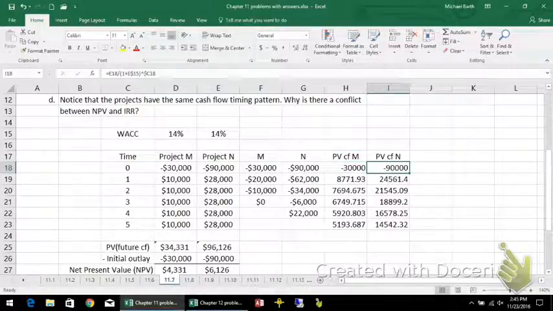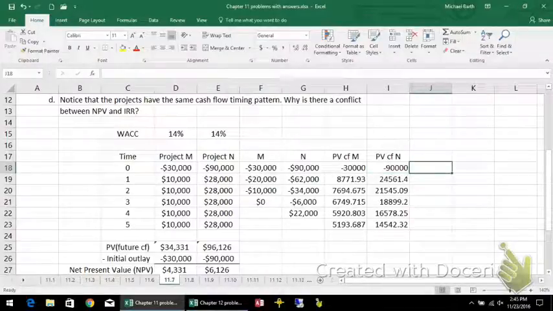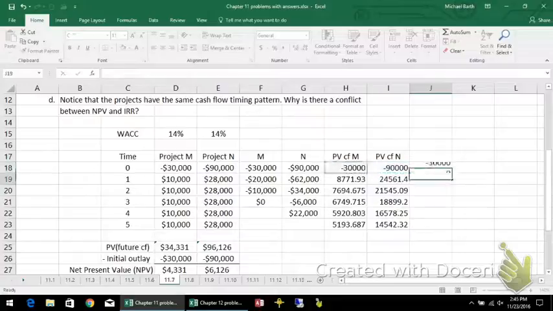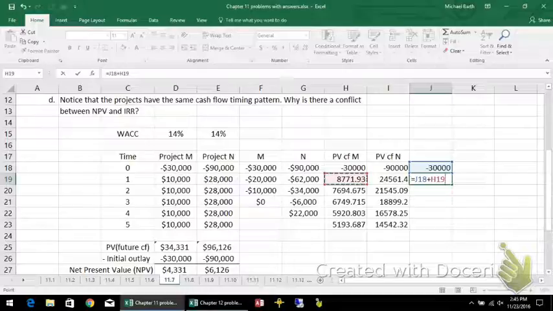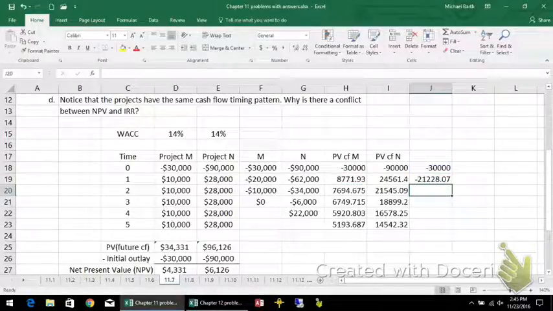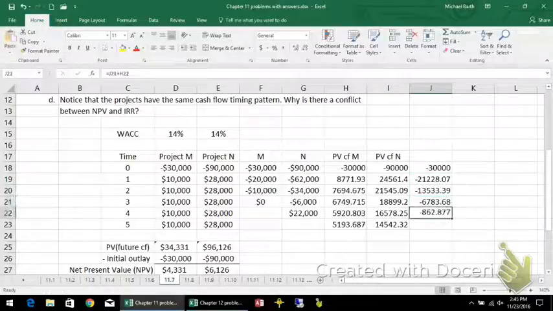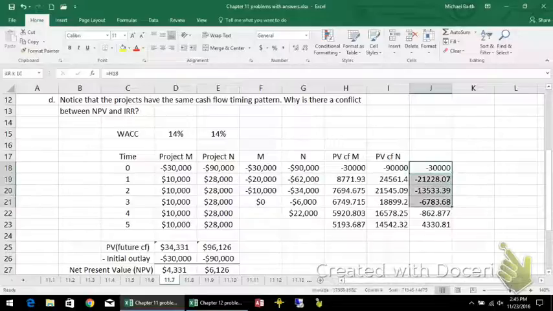All right, so now I've got the present value of the cash flows. Then I do the same basic calculation. Instead of using the nominal cash flows, I look for the point where the present value of the cash flows crosses over. So sometime between year 4 and year 5 is when the payback occurs for project M.